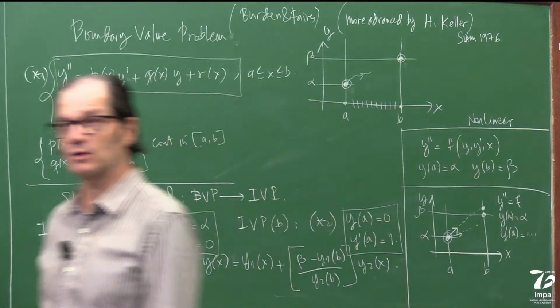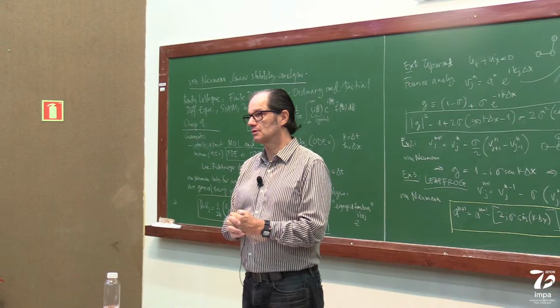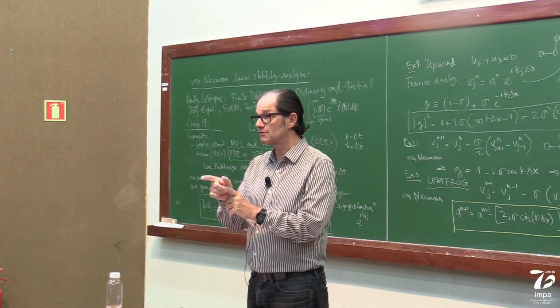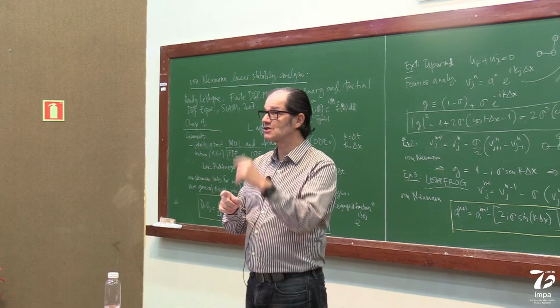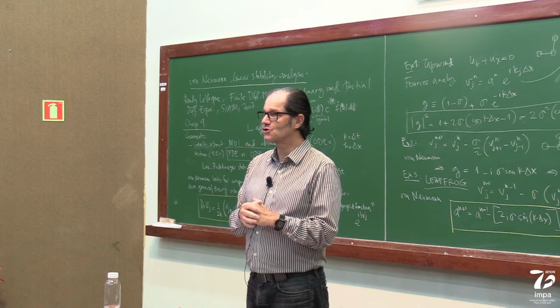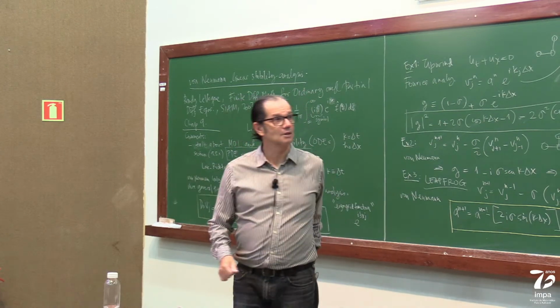You still have to solve it numerically. Now, when it's nonlinear, this trick doesn't work. But then you can build an iterative scheme where it's okay to miss the target, but you learn from each time you miss the target, and you improve your second shot. Nice, right? So we'll see this on Monday.